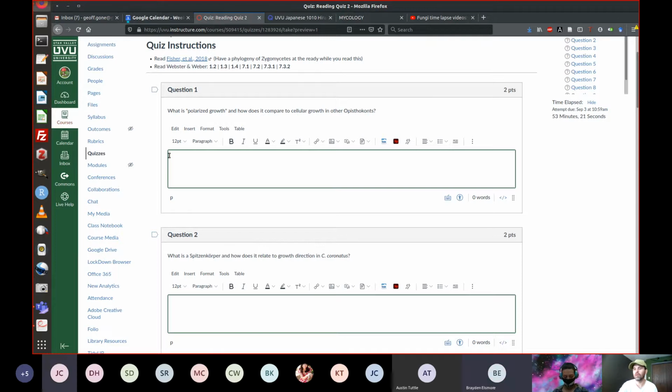Dr. Rob, could you say that polarized growth is basically directional and organized growth? Yeah, I mean, think about a tree. This isn't happening at the cellular level, but at the macro scale, trees have apical meristems. Remember those? Yeah. And so it's not an exact analogy, but the Spitzenkorper is kind of like an apical meristem, actually.